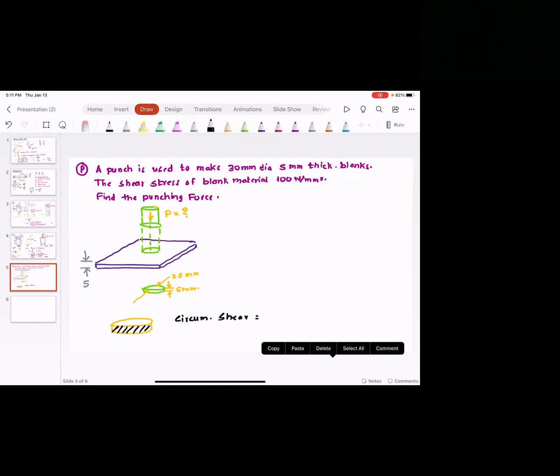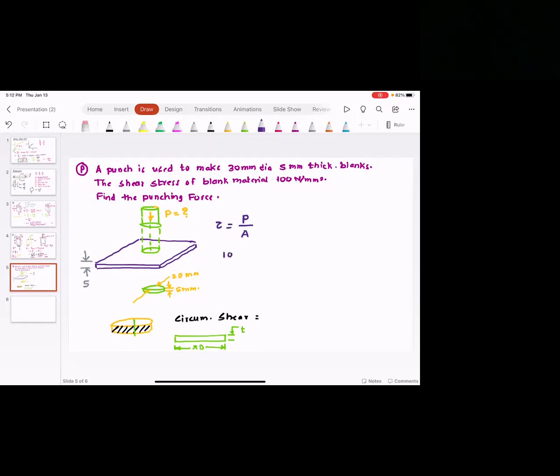So you cut the strip and stretch this. This is going to be pi times d. And this is going to be the thickness. So for circumferential shear, P divided by A is equal to tau, because this is the shear stress.